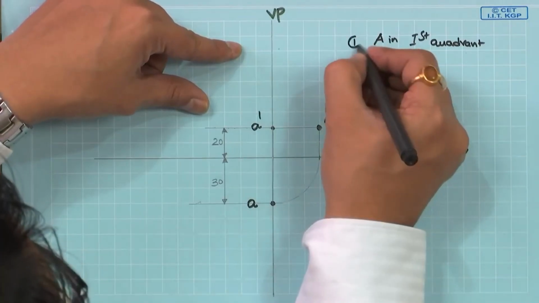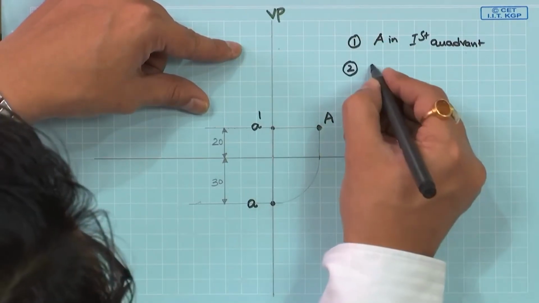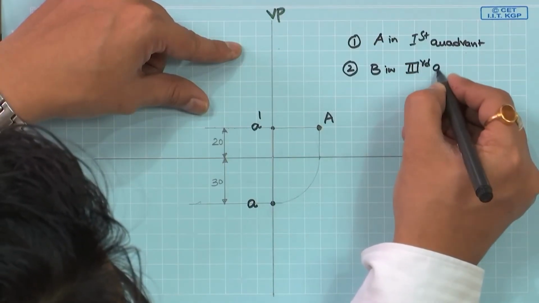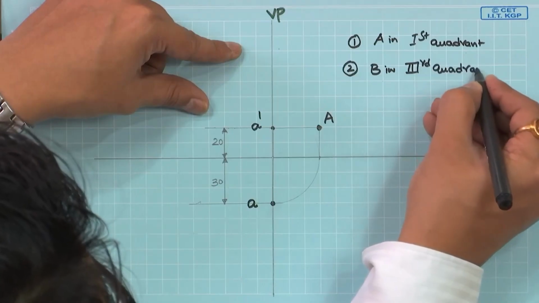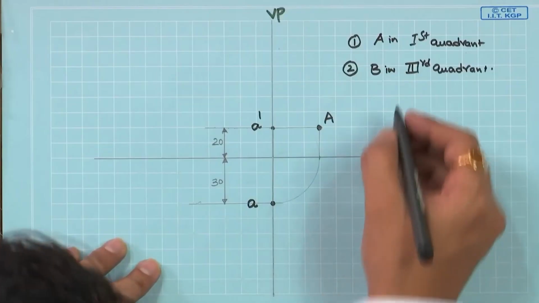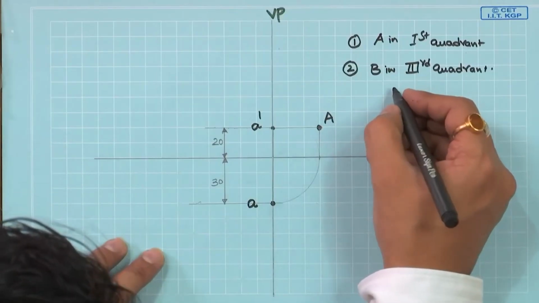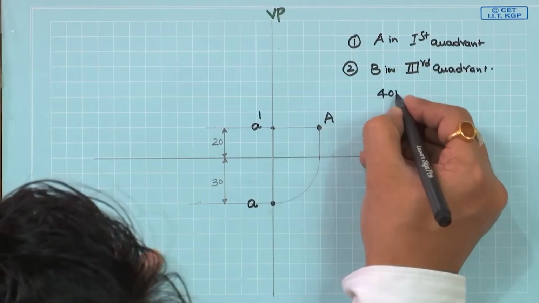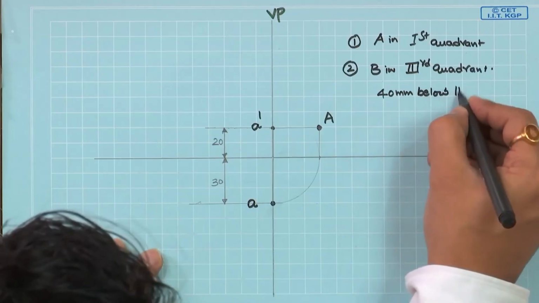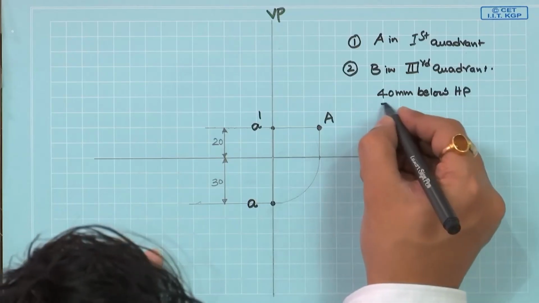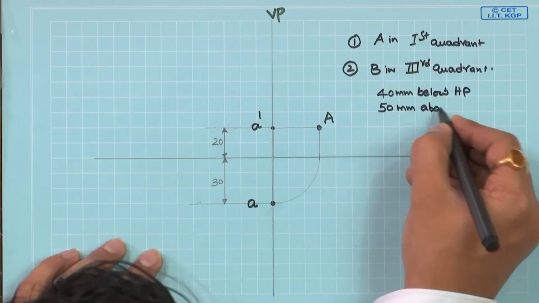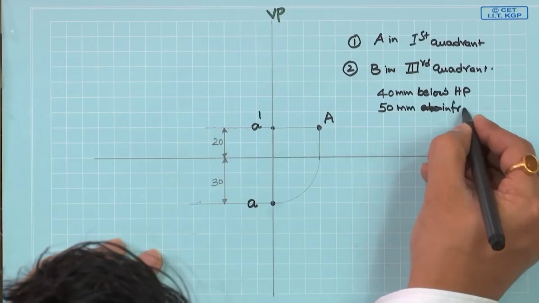The second question we are going to ask is, there is a point B in the third quadrant, which is something like 40 mm below the horizontal plane, 50 mm in front of the vertical plane.